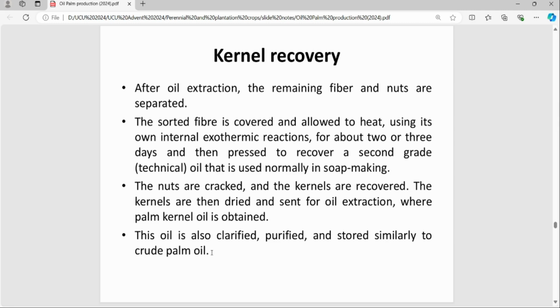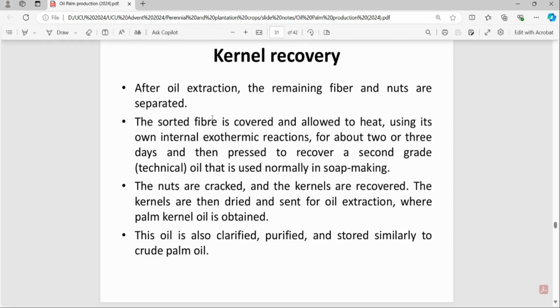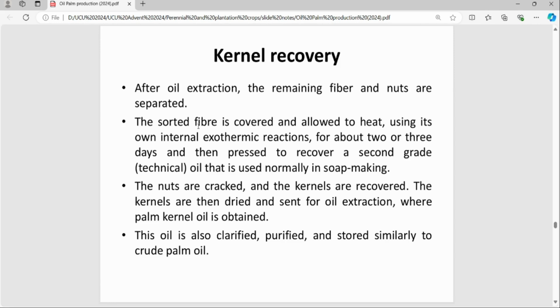After that, we also have another procedure, the extraction of kernel oil. We call this kernel recovery. So after extraction of the oil, the remaining fiber, which contains the nuts, is separated.